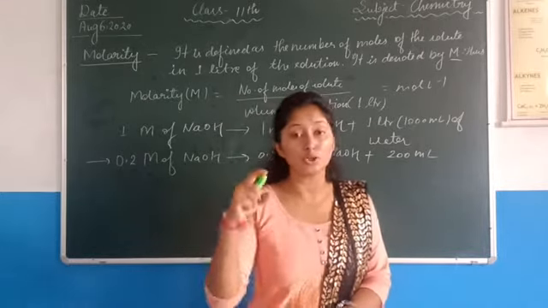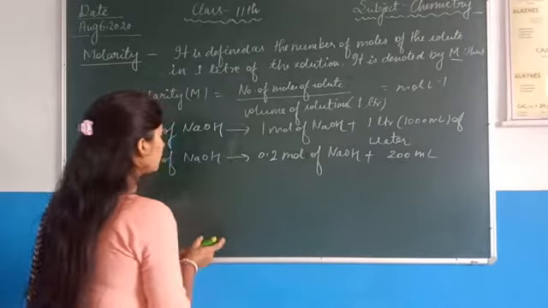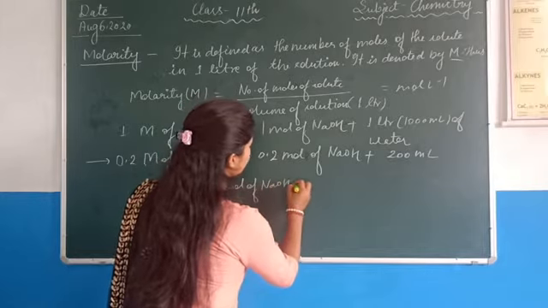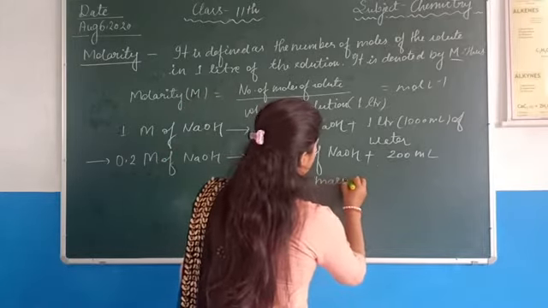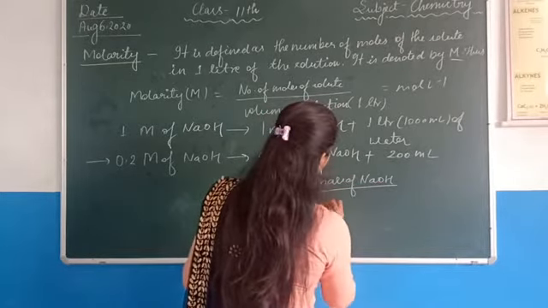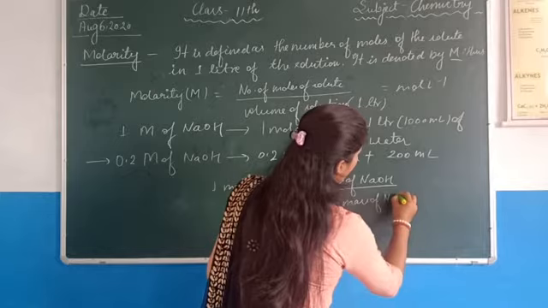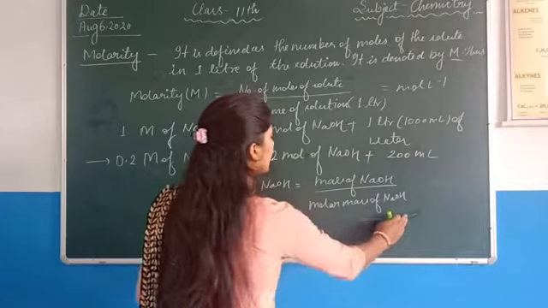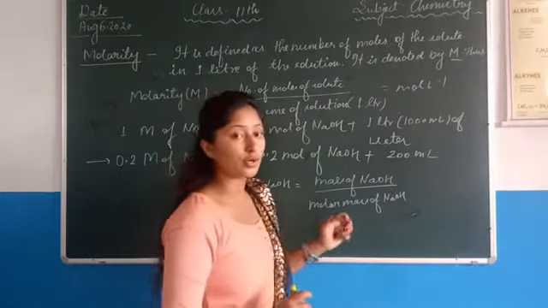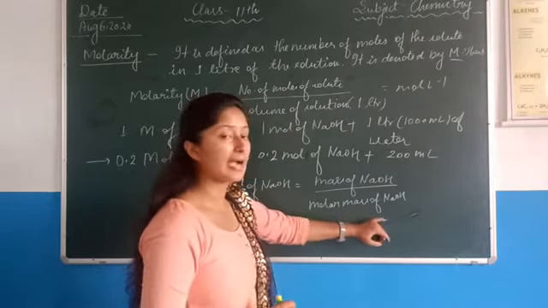Obvious है हम 0.2 moles लेंगे सोडियम हाइड्रोक्साइड के. और moles कैसे calculate करेंगे? First of all, 1 mole of sodium hydroxide means mass of sodium hydroxide divided by molar mass of sodium hydroxide. Okay, so by applying this formula we can calculate moles of sodium hydroxide. Mass of sodium hydroxide आपको given होगा और molar mass आप calculate करेंगे by using atomic masses.